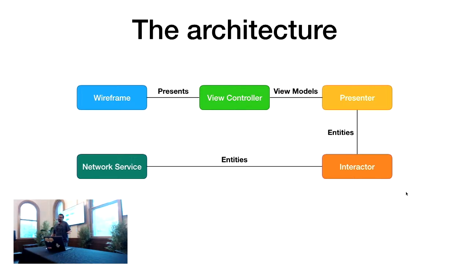In Viper you would normally have the wireframe owned by the presenter. In my case, because it's easier for me, I have the view controllers owning the wireframes. So if a view controller wants to present something, it has an injected dependency on a wireframe and just calls the show or present.